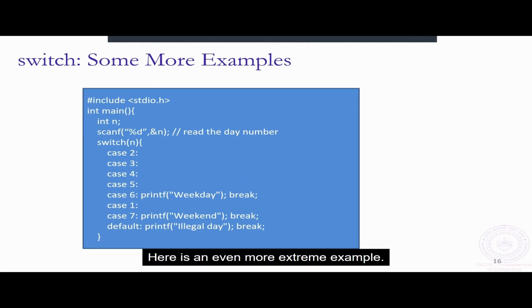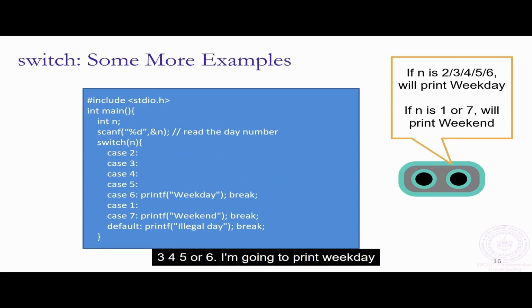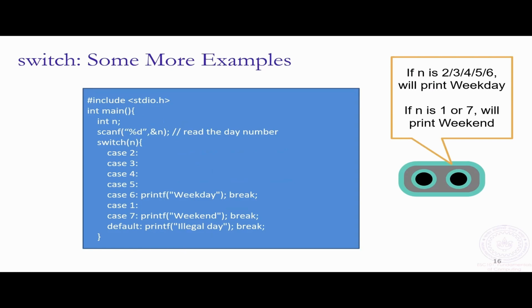Here is an even more extreme example. In this case, if n is 2, 3, 4, 5, or 6, I'm going to print weekday, and if it is 1 or 7, the code is going to print weekend. Look at how this logic is implemented in switch case and contrast it with the way you would do it in if else.